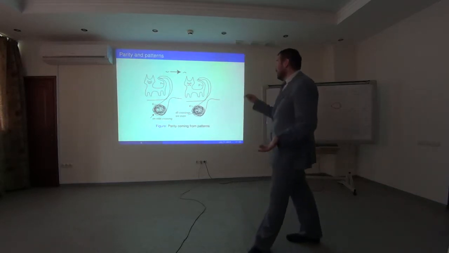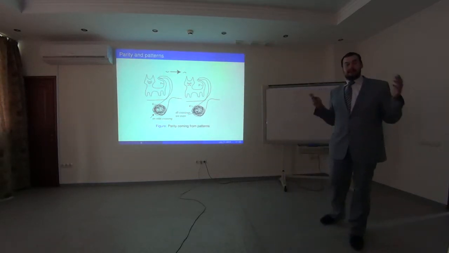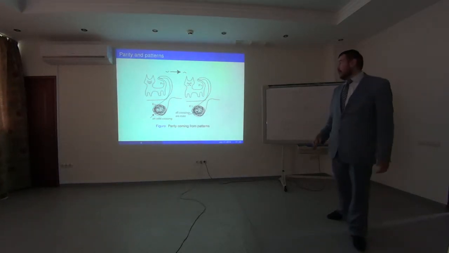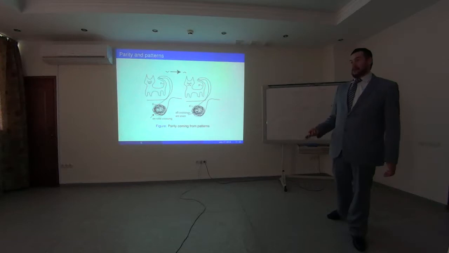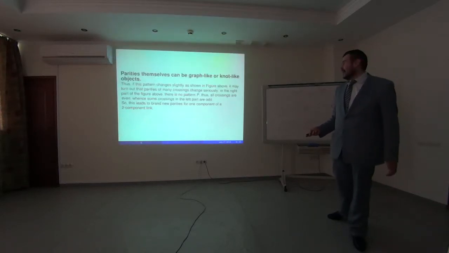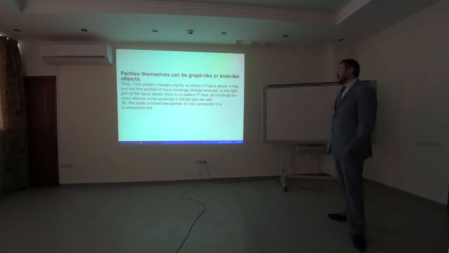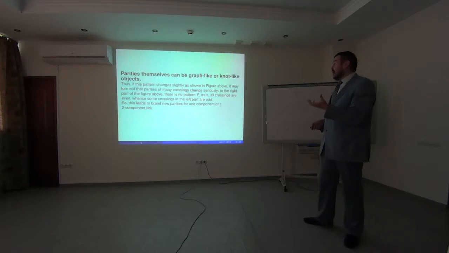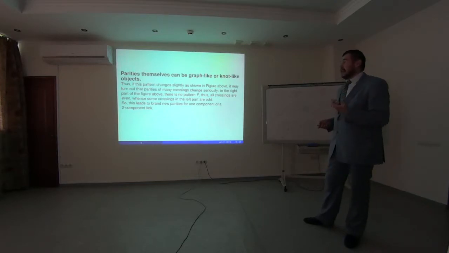And so on. So we have lots of parities coming from everywhere, and many theorems hold for whatever parity we take. And actually, this means that parities themselves can be a sort of graph-like or not graph-like objects.